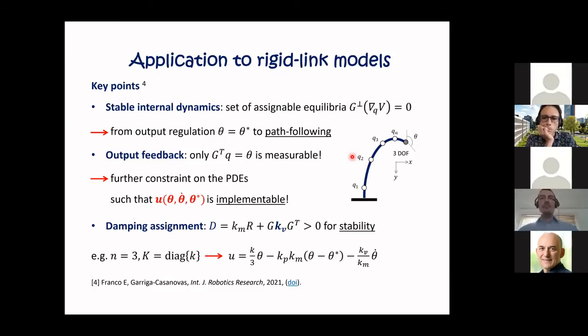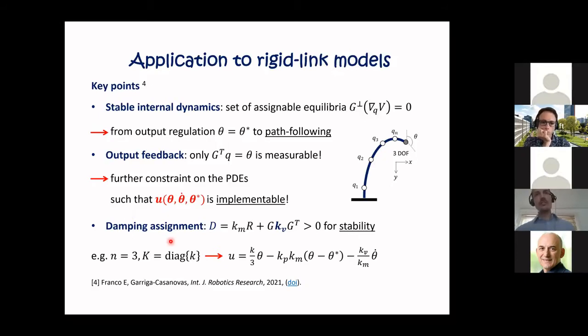And this basically results in further constraints on the PDEs, because we want to choose a solution such that the resulting control input is implementable. It only depends on those combinations of states, we can call them outputs, though I prefer not to.